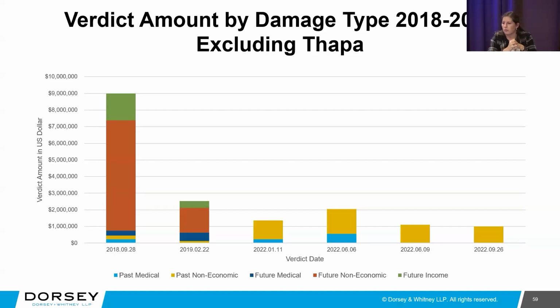You're going to have some economic damages. Whereas the 2022 cases, when you exclude THAPA, are all nursing home cases where those individuals are already out of the workforce. You're not going to have any income damages there.